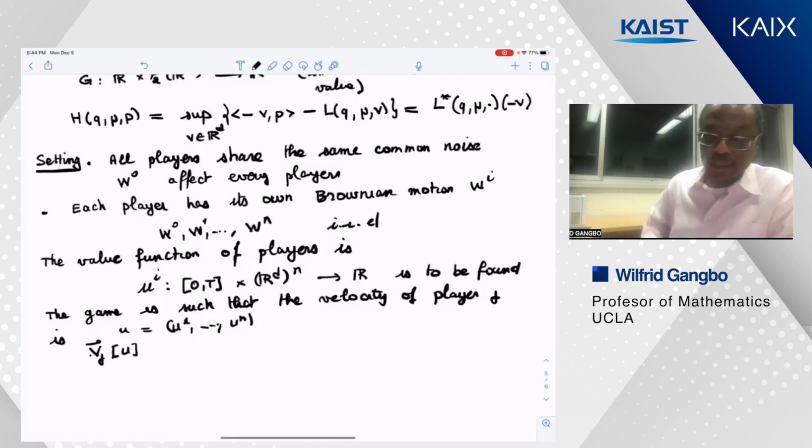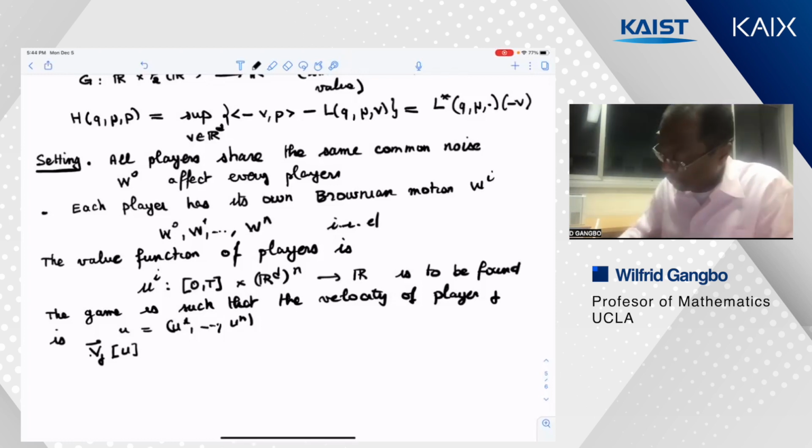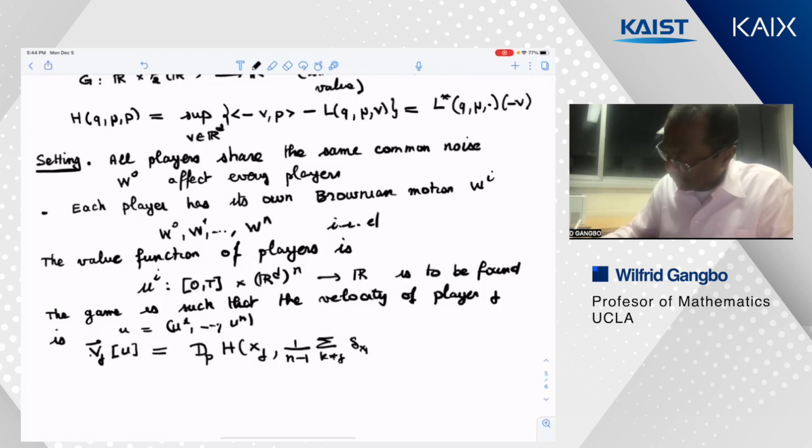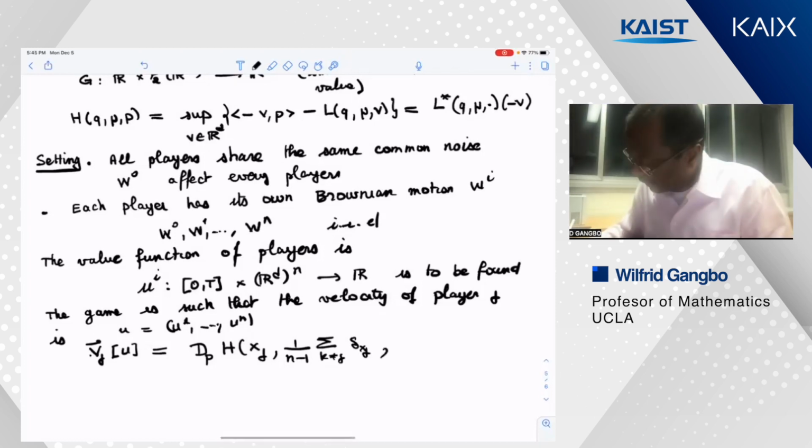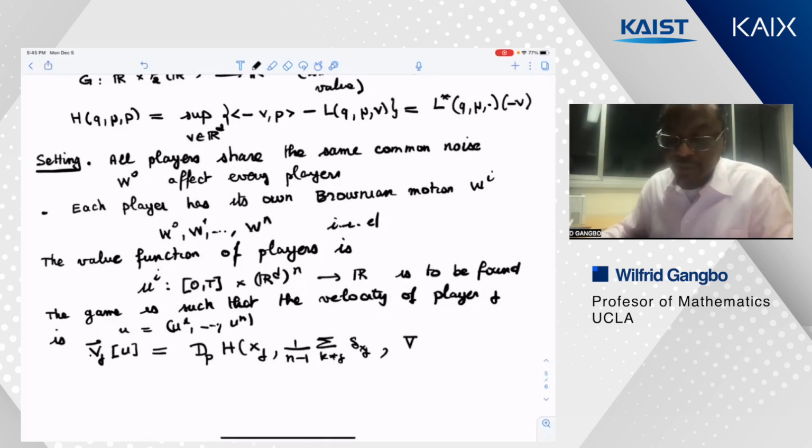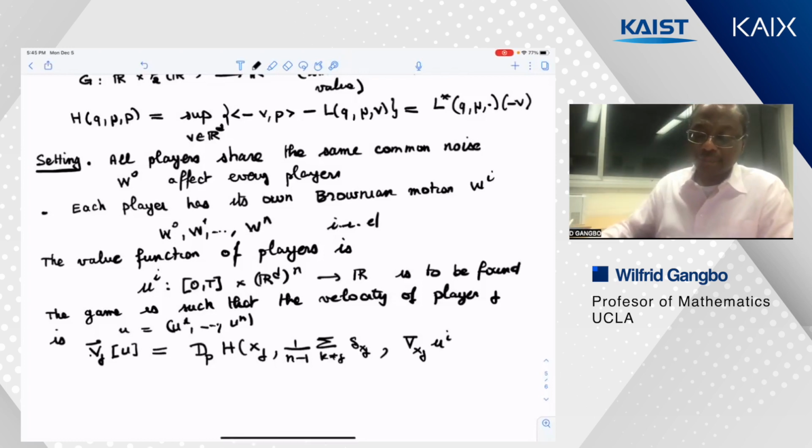So it depends on the gradient of this function by the following expression. I compute the gradient with respect to p of H at s_j, 1 over n minus 1 the sum k is not j, delta s_k. And eventually I have the gradient with respect to the j variable of u_j. Actually, this is u_j, sorry.